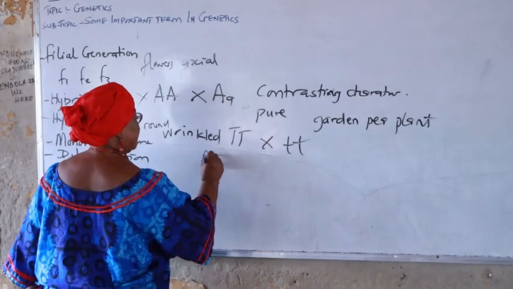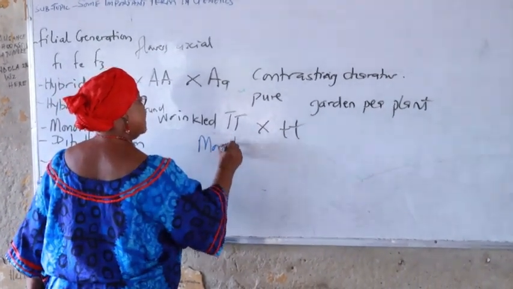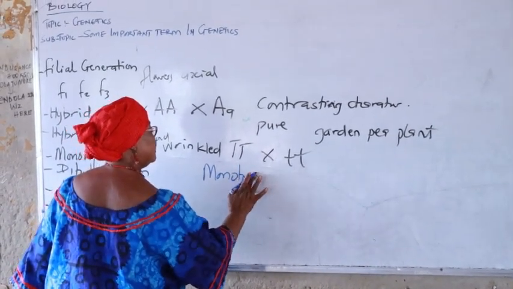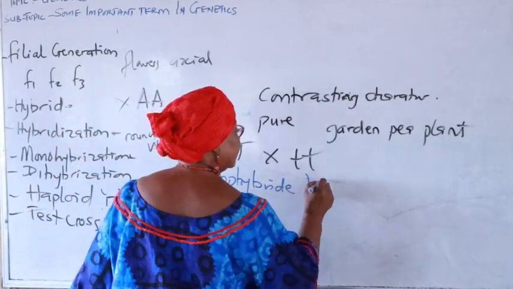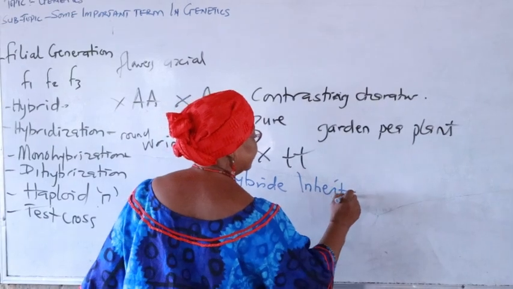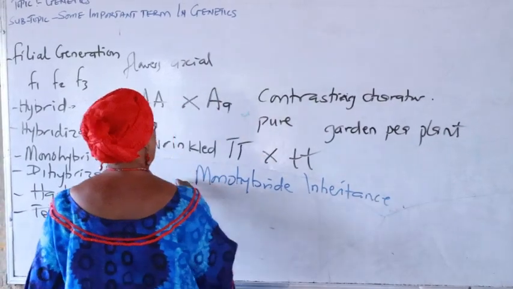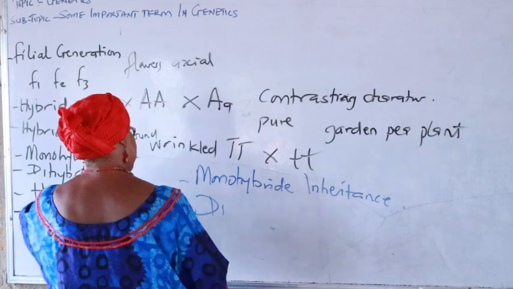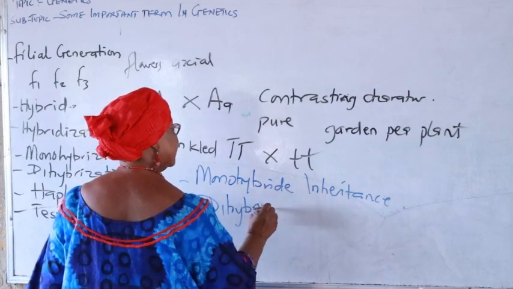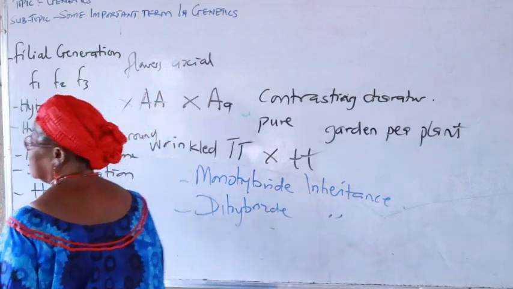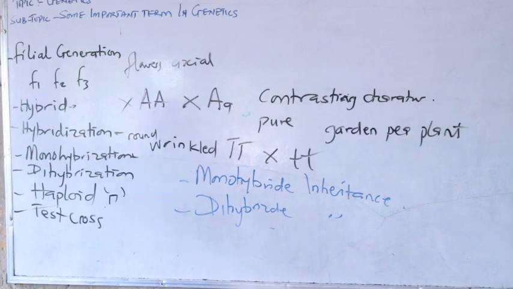One is monohybrid inheritance, and the other is dihybrid inheritance. So let's look at monohybrid.